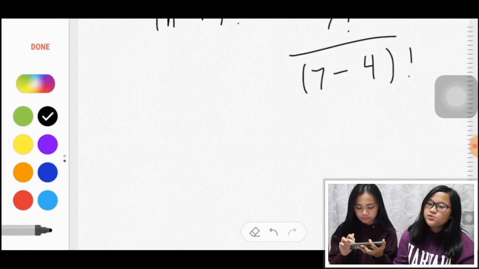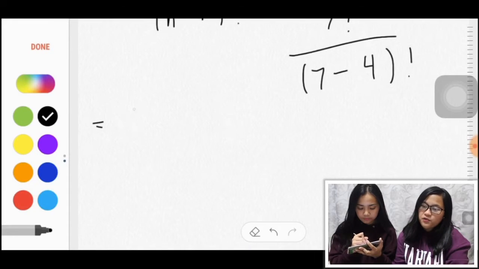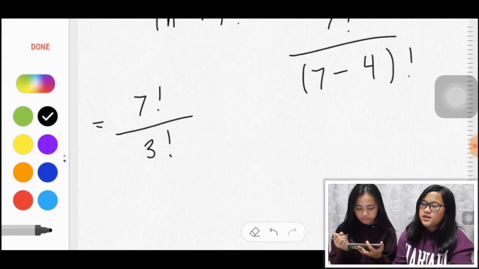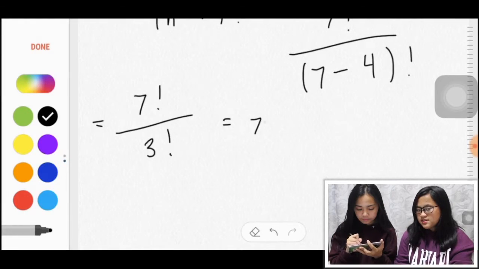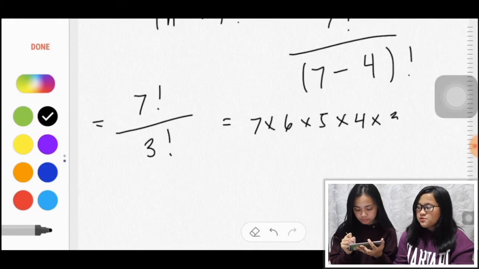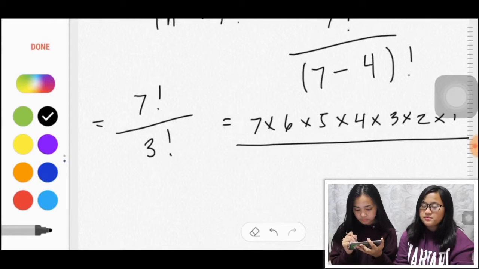So in result, it will become 7 factorial over 3 factorial. And that would also equal 7 times 6 times 5 times 4 times 3 factorial over 3 factorial.